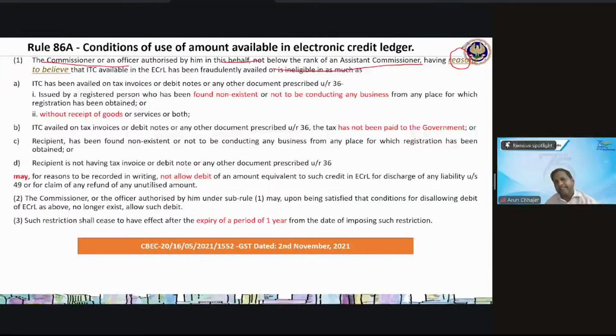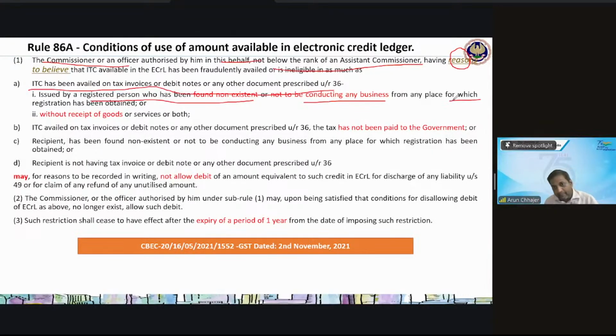If the ITC available in the credit ledger has been fraudulently availed or is ineligible, that is, if the officer not below the rank of Assistant Commissioner has reason to believe that the ITC available in the credit ledger has been either fraudulently availed or is not eligible. Why not eligible? ITC has been availed on a tax invoice or any other document issued by a supplier who does not exist or is not conducting business from the declared place.